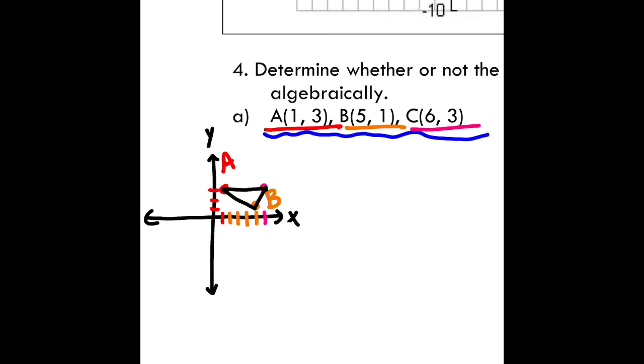So we have an idea by looking at the sketch, but it says we have to prove it algebraically. So if we find the slope of AB, the slope of BC, and the slope of AC, we can see if any of the slopes are negative reciprocals, and if they are, they're creating a right angle. So that's where we're going to do some of our algebra.